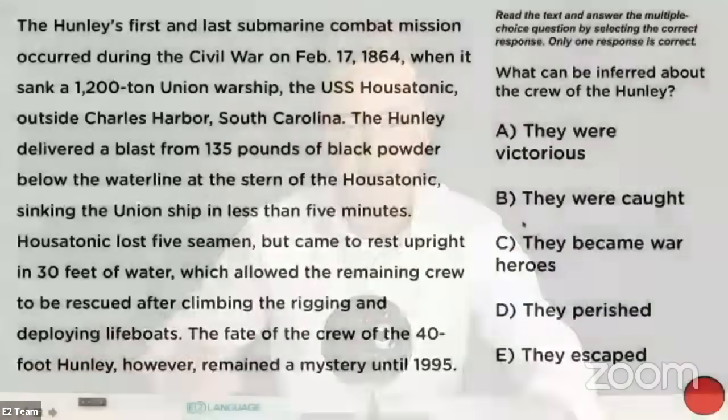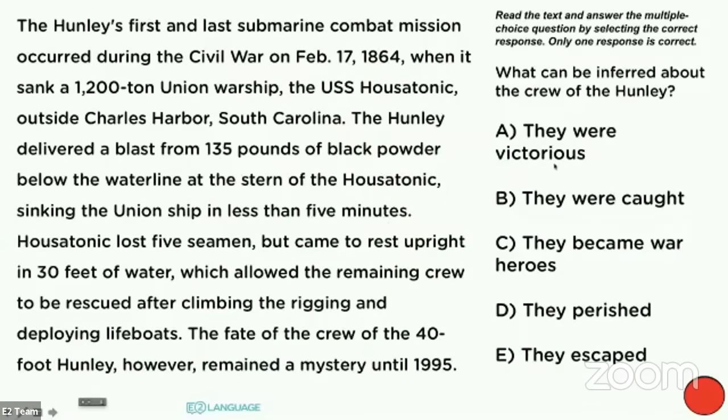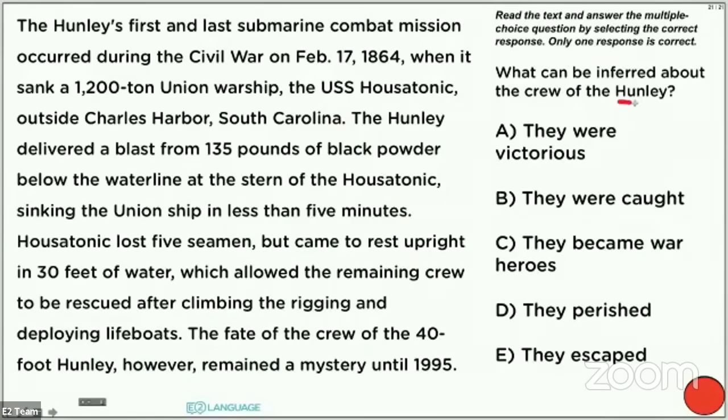Okay, Shafir chose E because the remaining crew were rescued. Okay, well, that's interesting. The remaining crew were rescued. But remember that we're reading about two actors here. There's the Hunley, which is a submarine, and then there's the Housatonic, which is a warship.